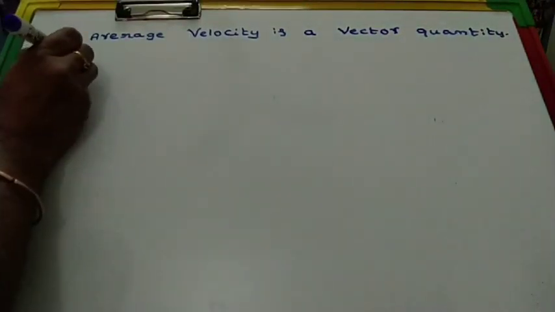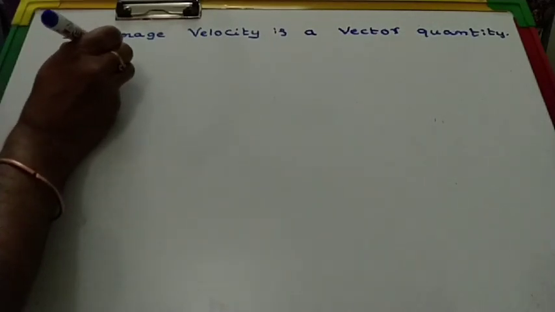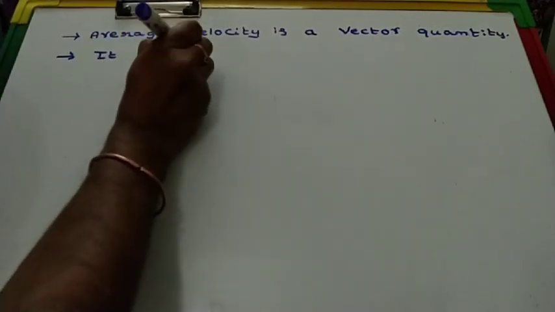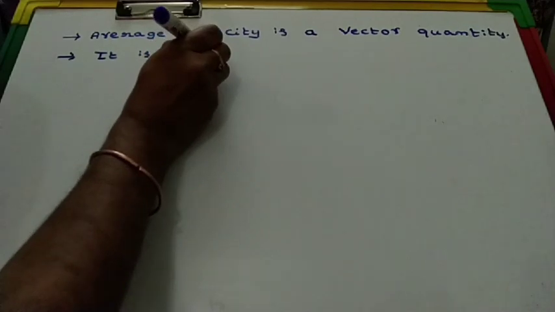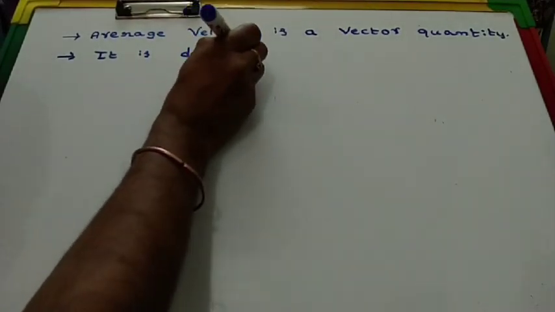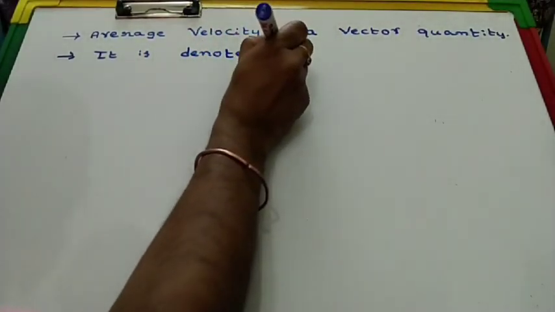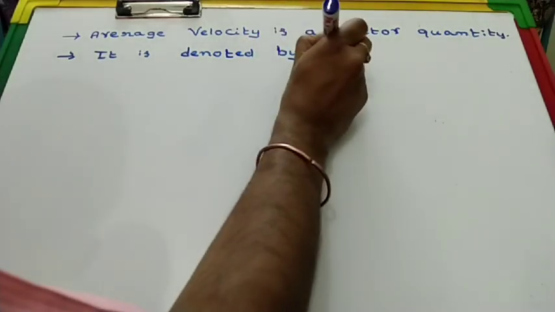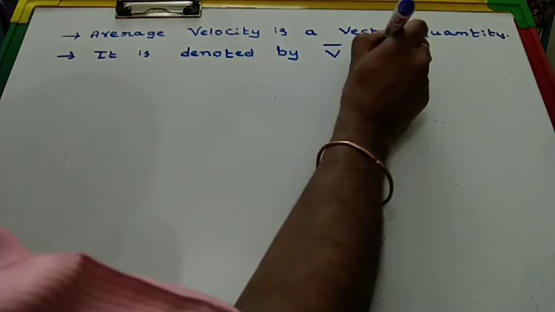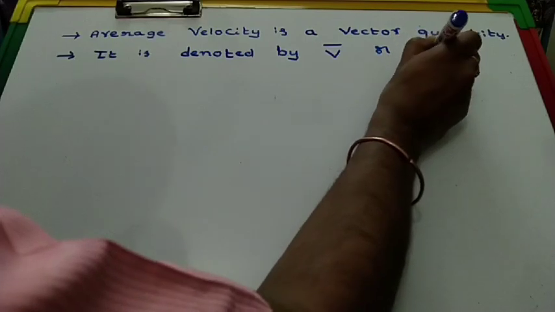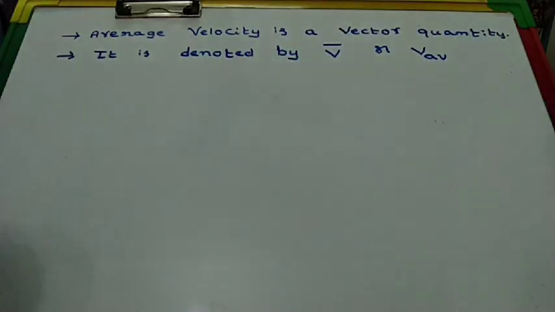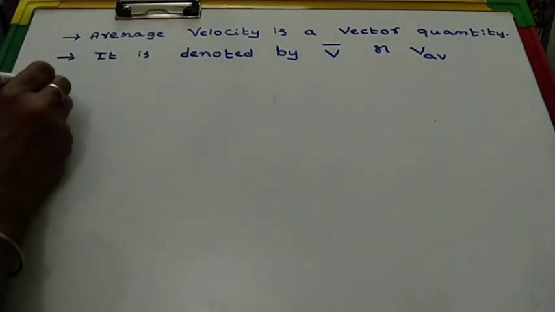It is denoted by V bar or V average. Now, next point.